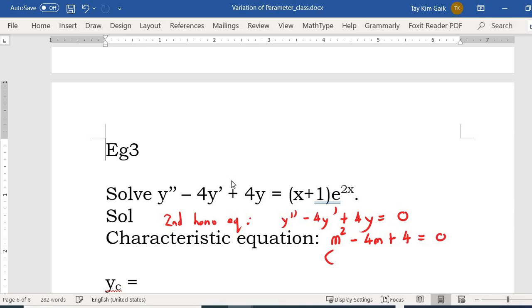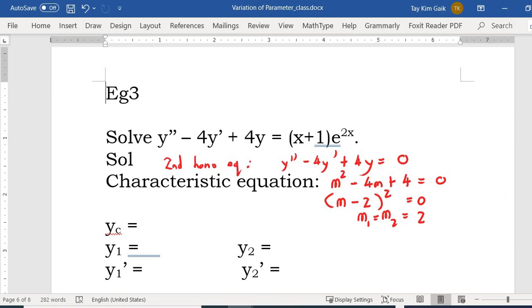Okay, and then find the root of your characteristic equation. So this will be m minus 2 squared. Meaning you have m1 equal to m2 equal to 2. We have the repeated, this is the same roots.